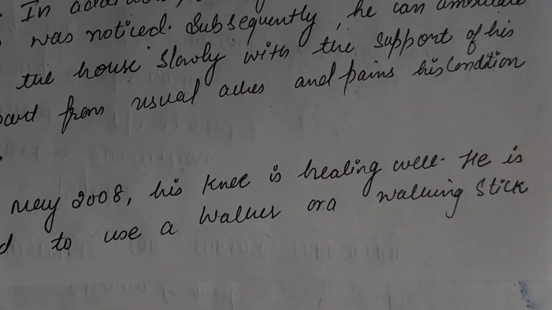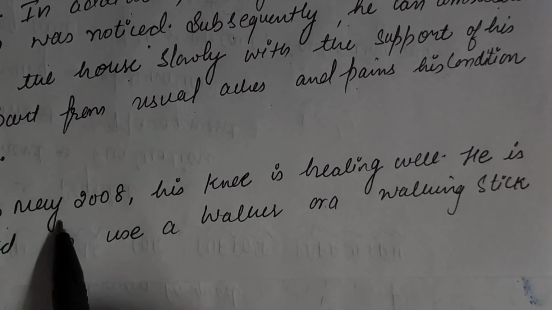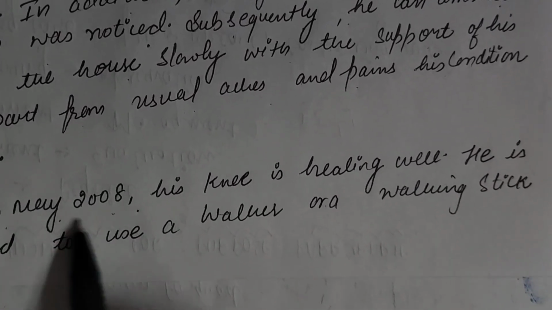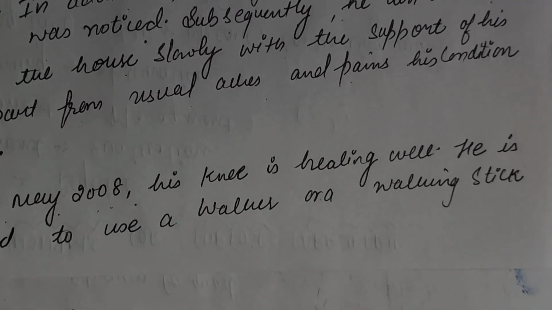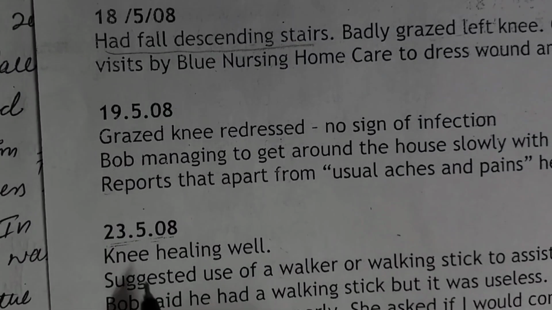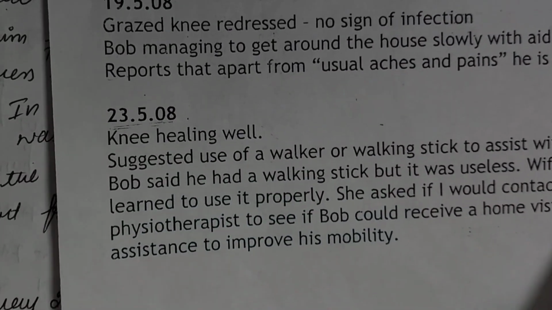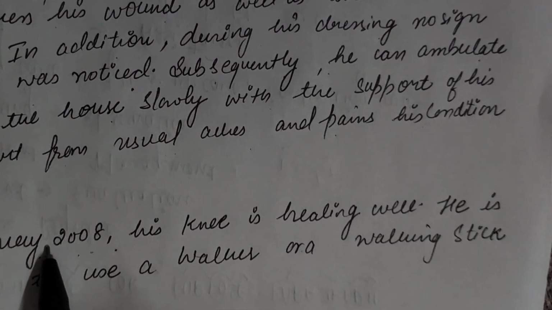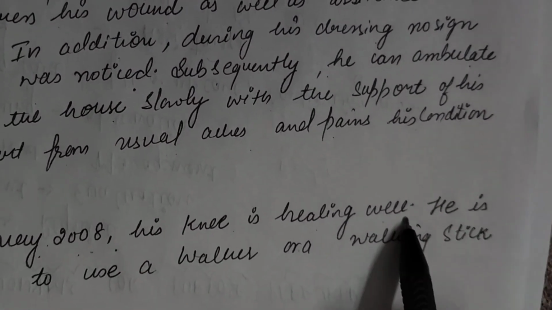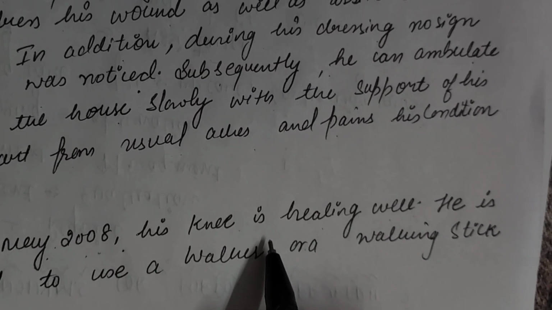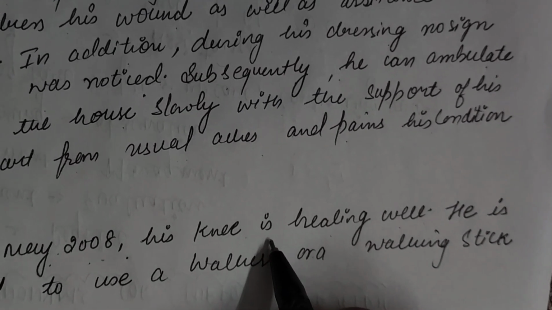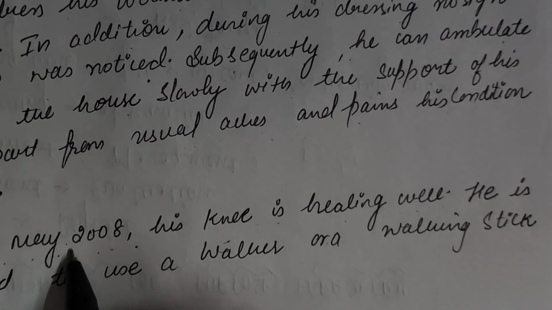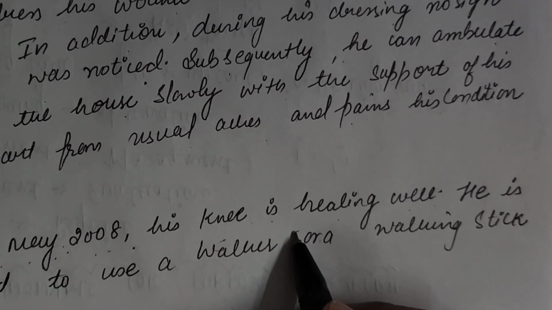Next, on 23rd May 2008, this is the last date when the home visit was done. So we can also write here currently, or we can write currently his knee is healing well. Here be very aware, we can't use was because this is the current, present last visit, so we can use only present tense here.